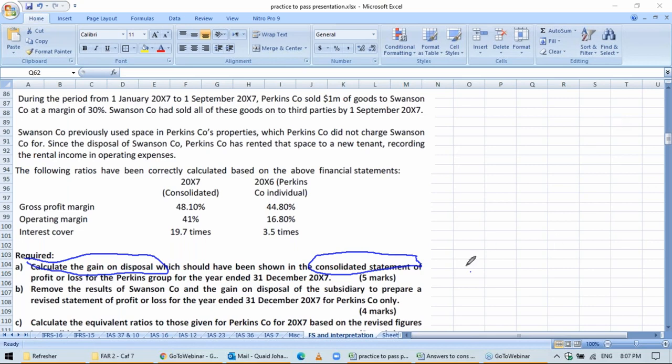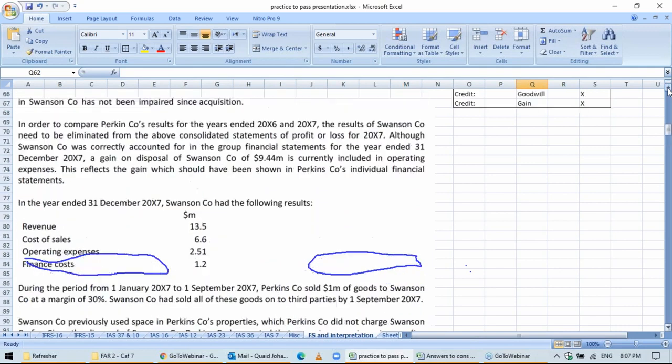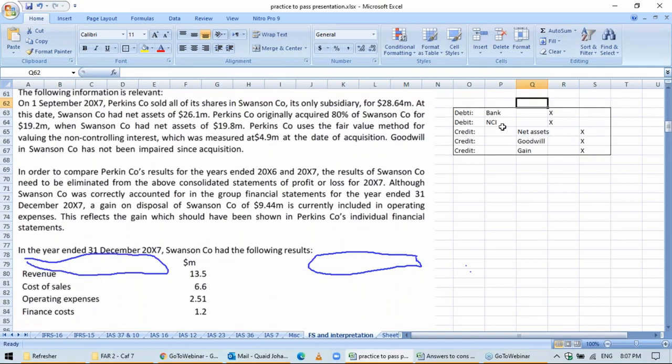Okay, so according to the question, let me tell you the important things regarding this entry which I made. First, I will calculate these items: the NCI, net assets, goodwill, right?